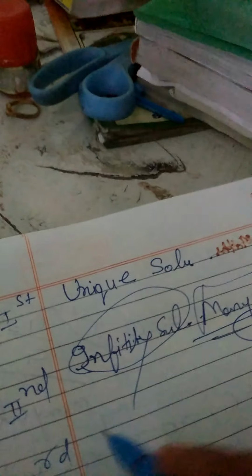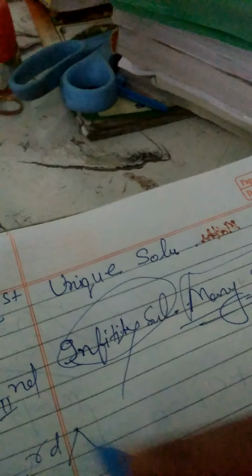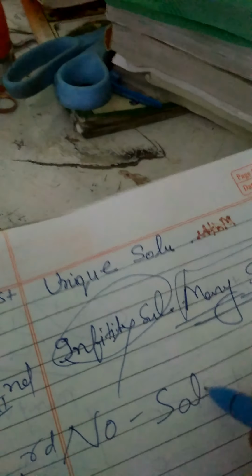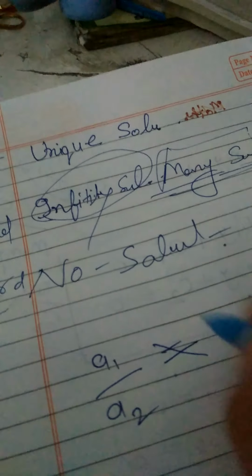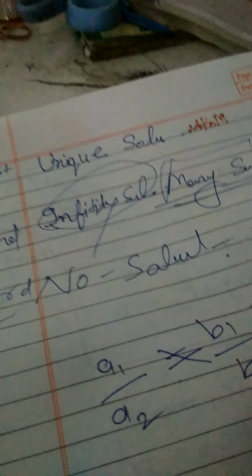Many means more than one. And third, no solution. For the first, a1 upon a2 does not equal b1 upon b2.